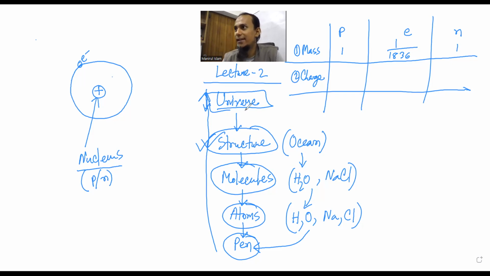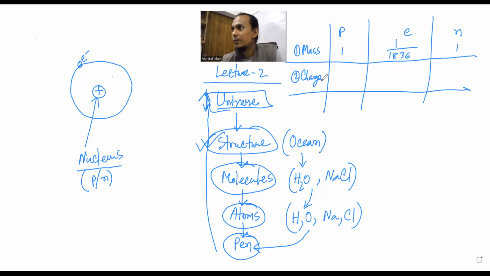They are so tiny. They have very little mass. You don't need to memorize it. You just need to know they are very tiny. So it's almost 1 divided by 2000. If you take around 2000 electrons together, you will get only 1 proton or only 1 neutron.